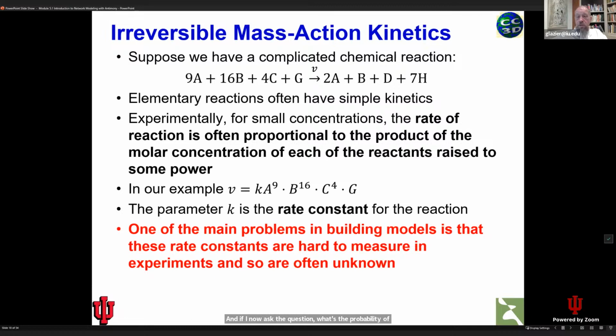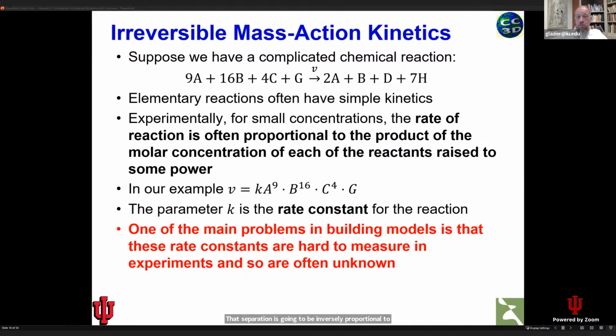Well, that's going to depend on their typical separation, and that separation is inversely proportional to their concentration.